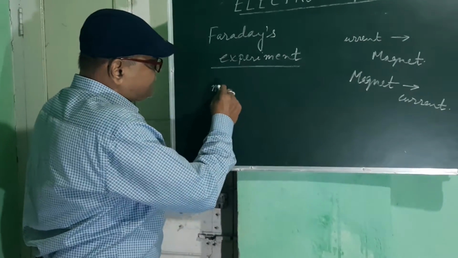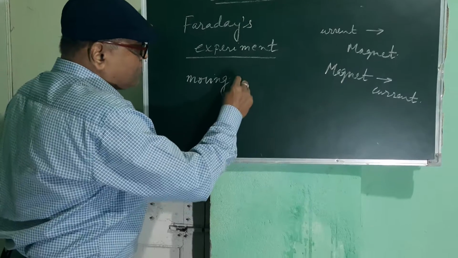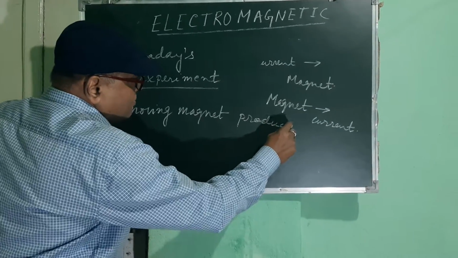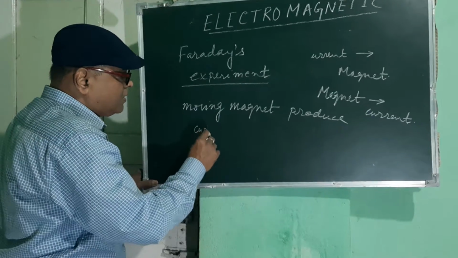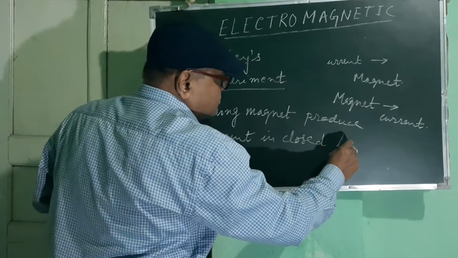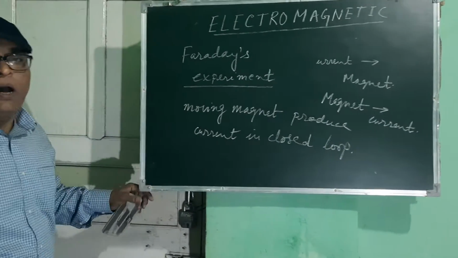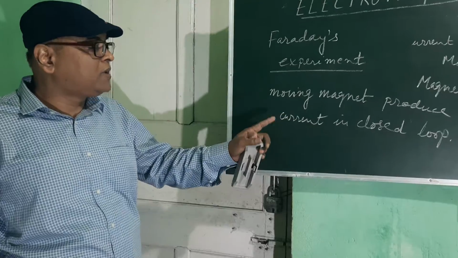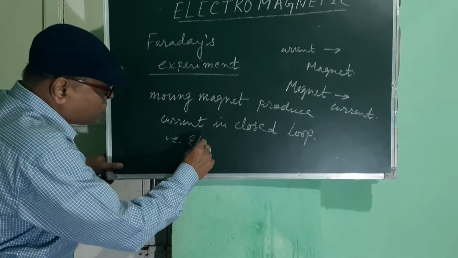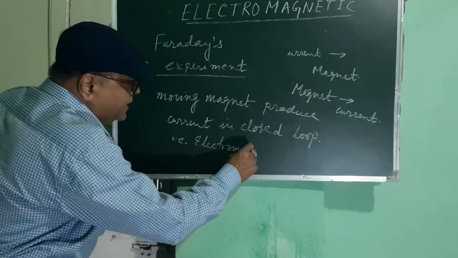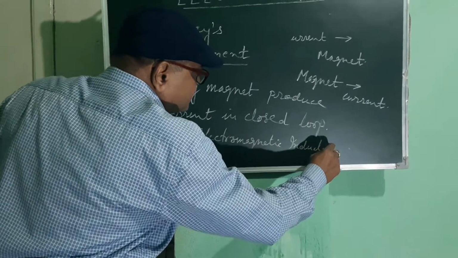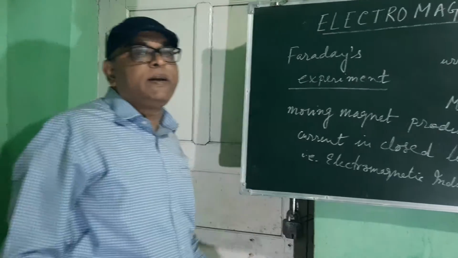Moving magnet produces current in a closed loop, and that is electromagnetic induction.